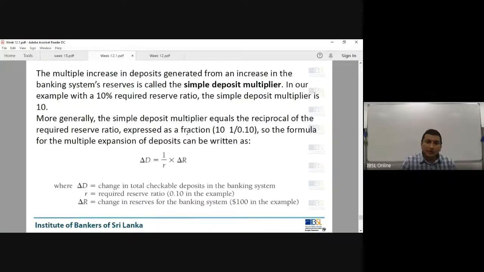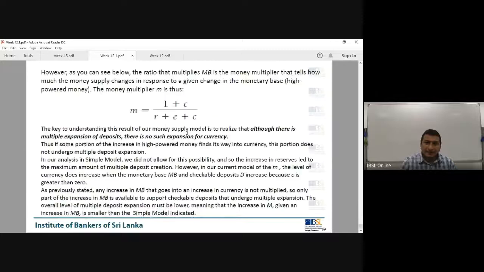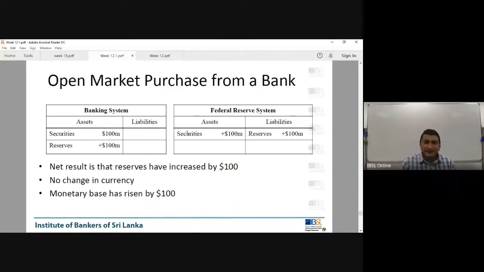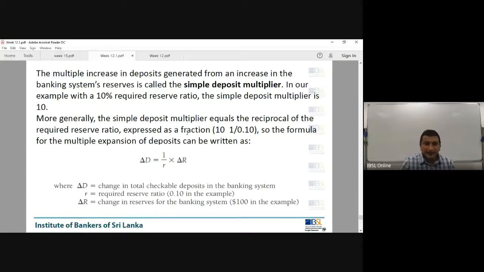Okay, so what you are seeing in these last three slides is further explanation of some of the details that we have discussed in our previous open market operation, how it influences the money supply process and things like that.